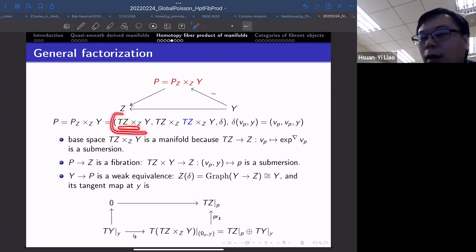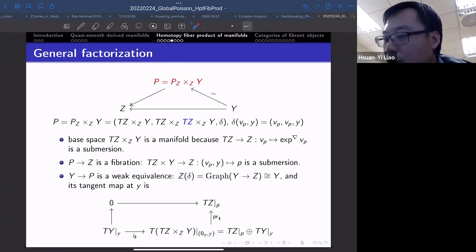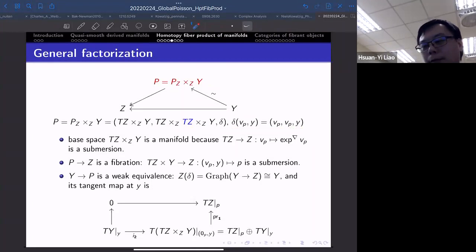So this fiber product becomes a manifold. Yes. And this space is just a vector bundle with fiber, the tangent space. And just take the fiber product.